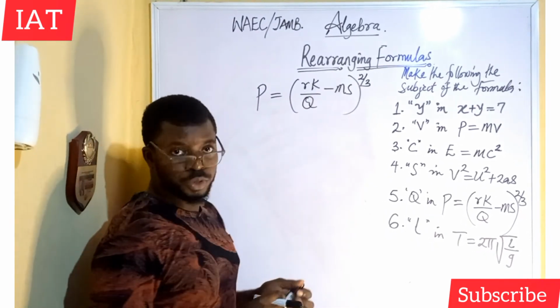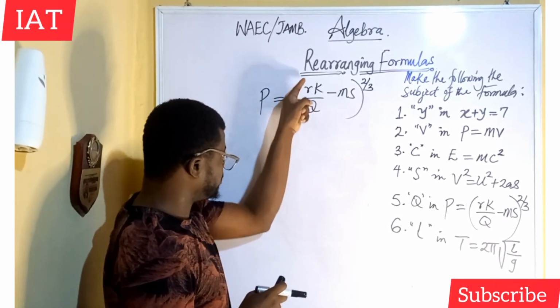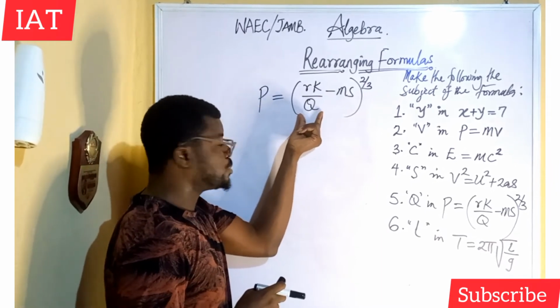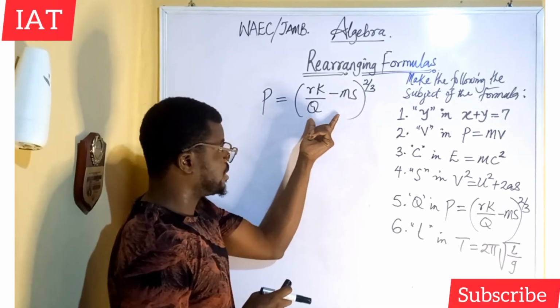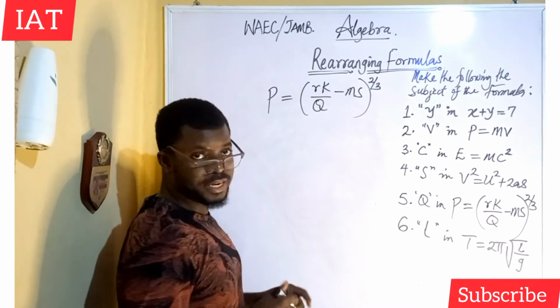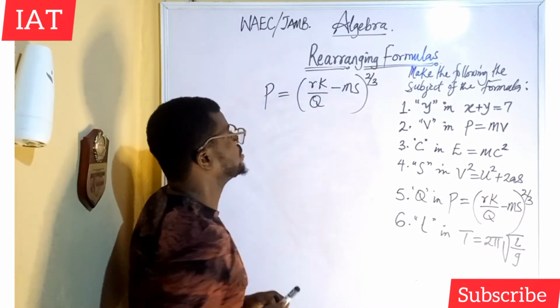Notice that this q is at the denominator of this expression, and we cannot effect any change on this bracket except we remove this 2 over 3. When we remove this, we can be able to assess the quantities in this bracket.